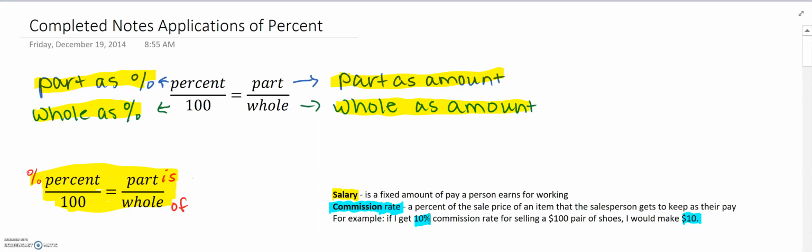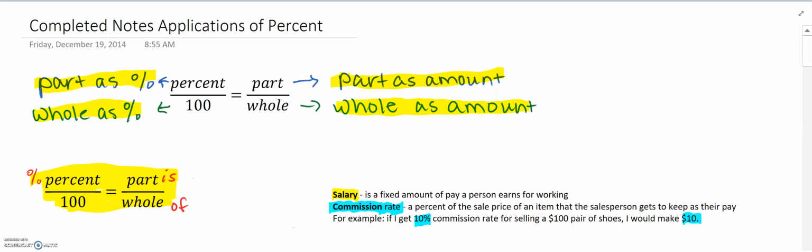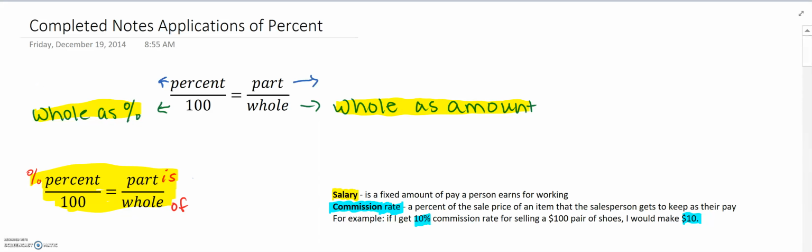So let's think about that for a second. Up here where we have part as a percent and part as an amount, we're now going to apply that to this idea of commission. So we're going to have the commission rate as our percent, and we're going to have the commission as a dollar amount as our part. Anything that can be written as a percent can be converted into an amount.